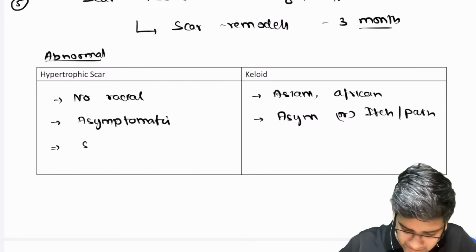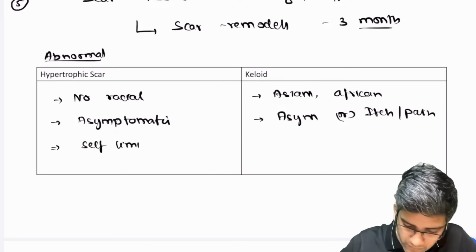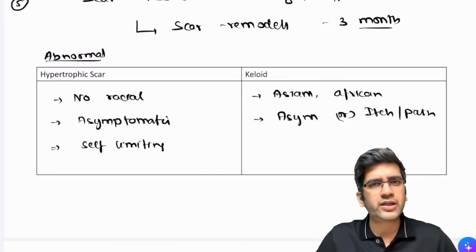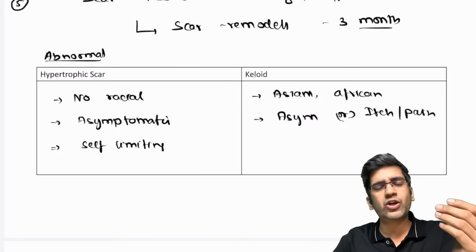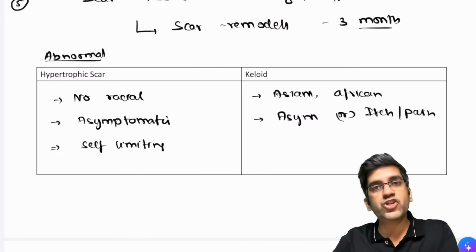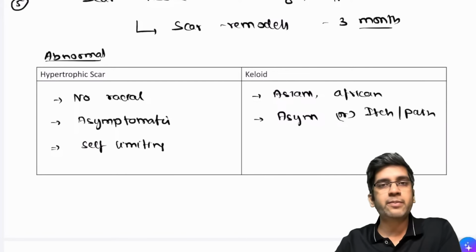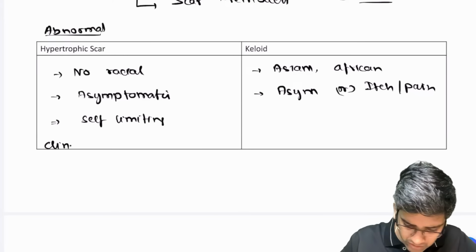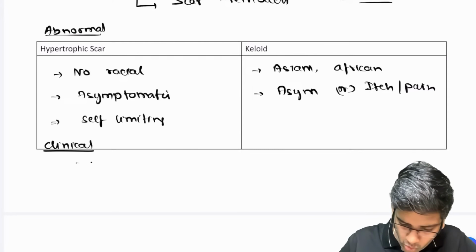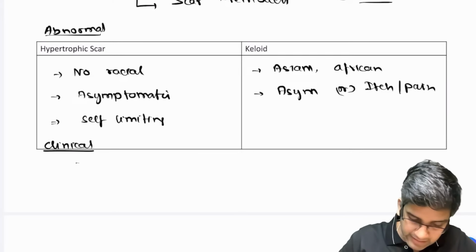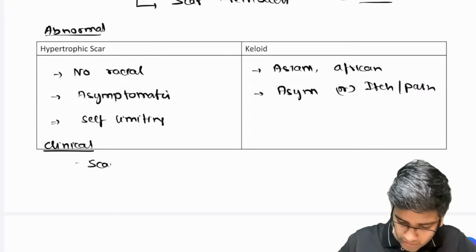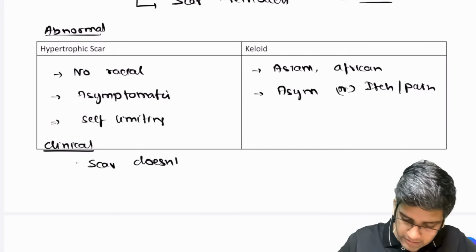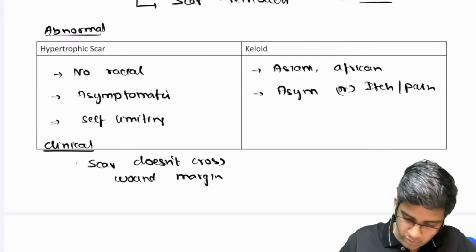So hypertrophic scar is self-limiting, which means it does not require treatment. Reassure the patient. It will automatically become normal. Keloid is not self-limiting. Keloid is permanent. It will remain for a very, very long time. Fine. How do I differentiate? Differentiation is based on clinical examination. If the scar does not cross the wound margin, that is hypertrophic scar.